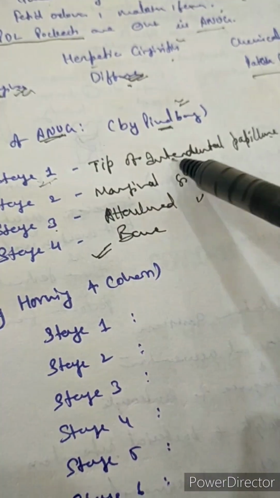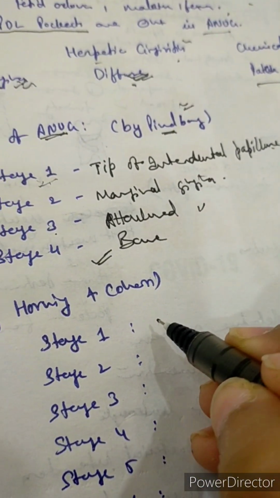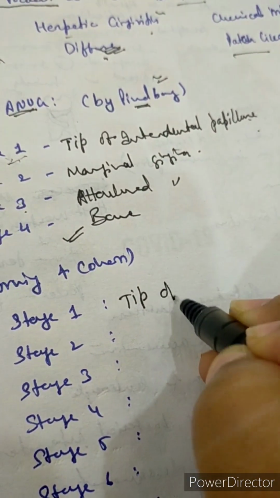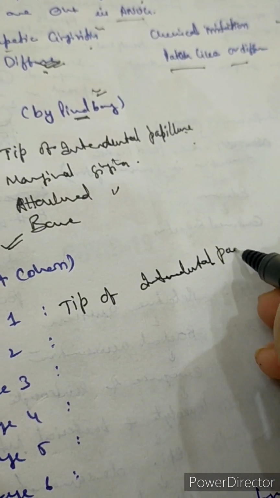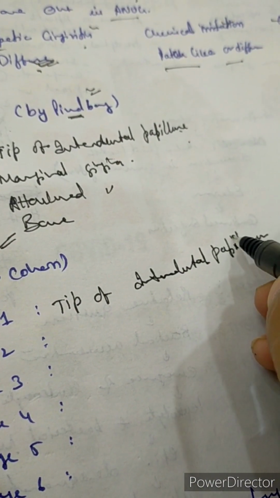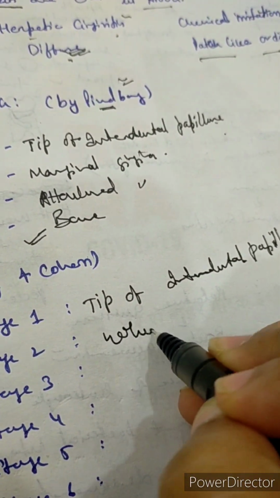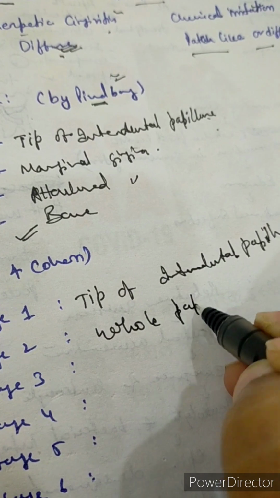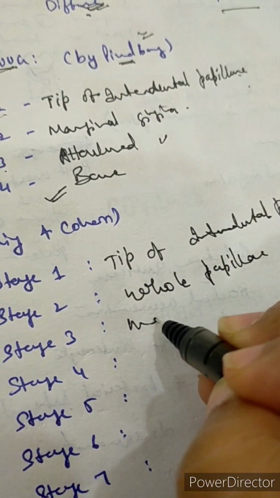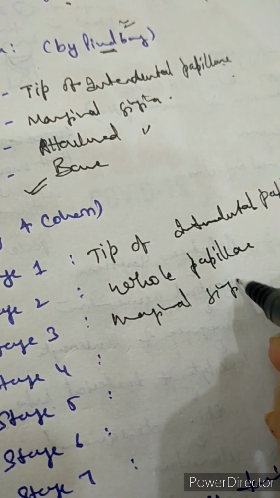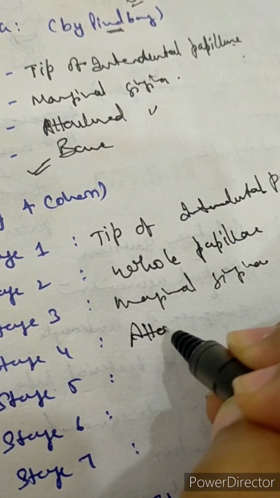Stage 1 is similar, everything starts from the interdental papilla only, so the first is the tip of the interdental papillae. Now in stage 2, the whole papilla. Stage 3, go for the marginal gingiva. For stage 4, go for the attached gingiva.